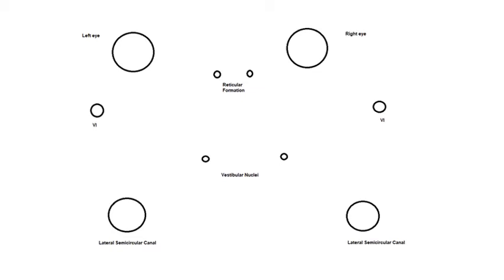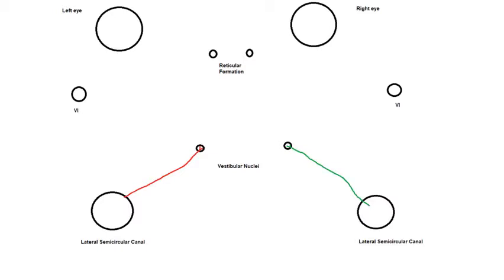So here we have the VOR neural arc, and we will use right head rotation in this example. As the patient turns their head right, it causes the hair cells within the lateral semicircular canal to bend.